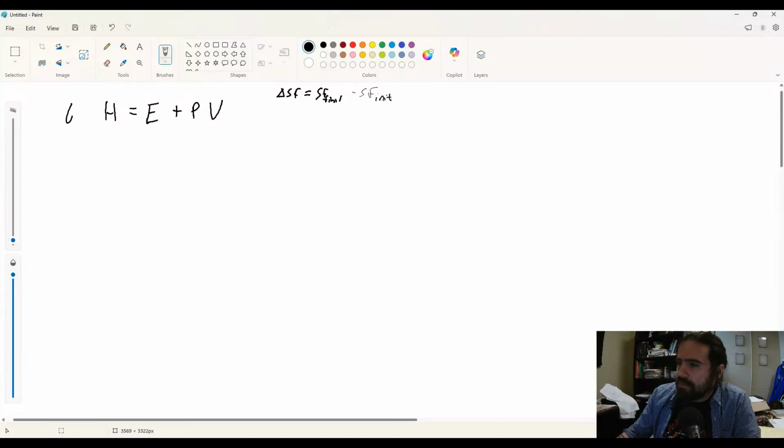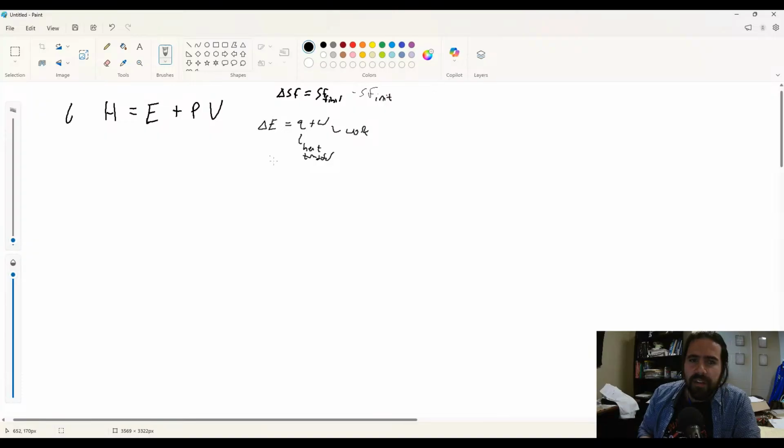Now, there are a couple of things I want to highlight here that really clarify what enthalpy is. Recall that we have a couple of other equations that we've been working with. One is focused on internal energy, which is delta E is equal to Q plus W, right? Q in this case means heat transfer, and W means work.